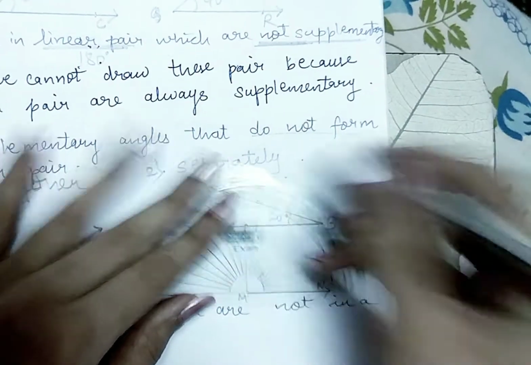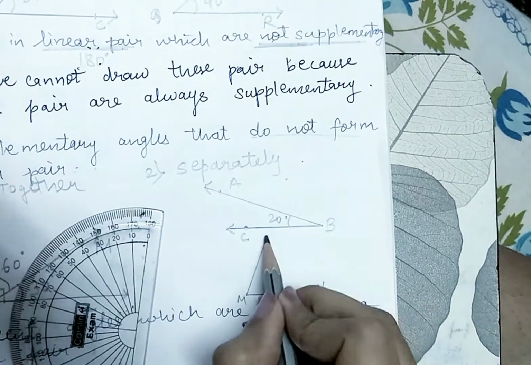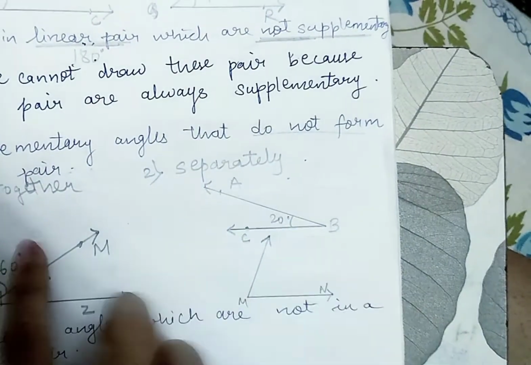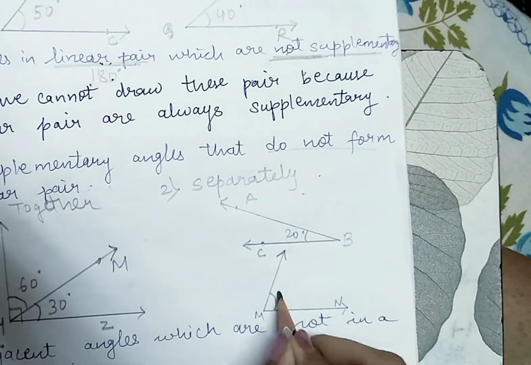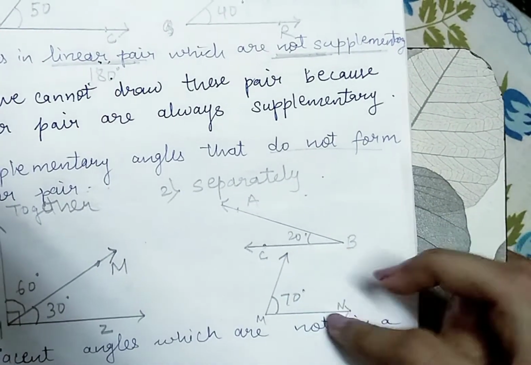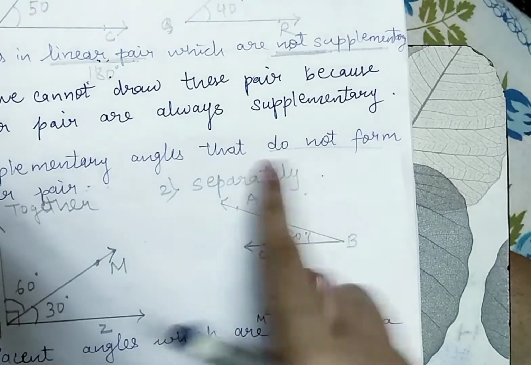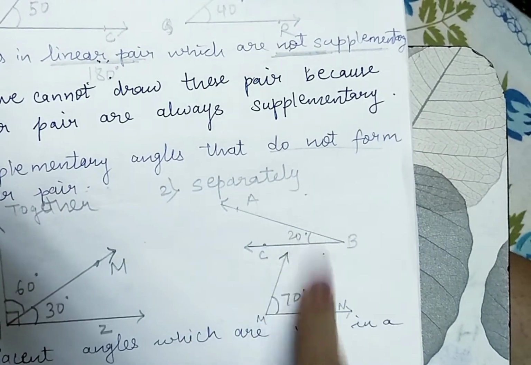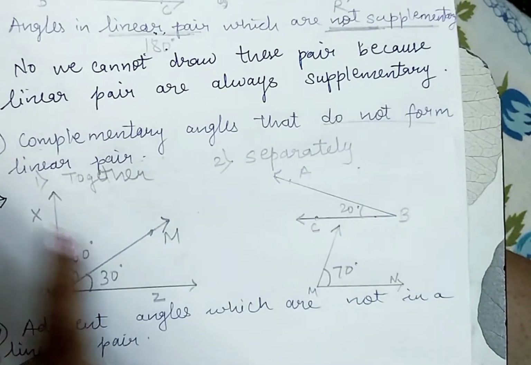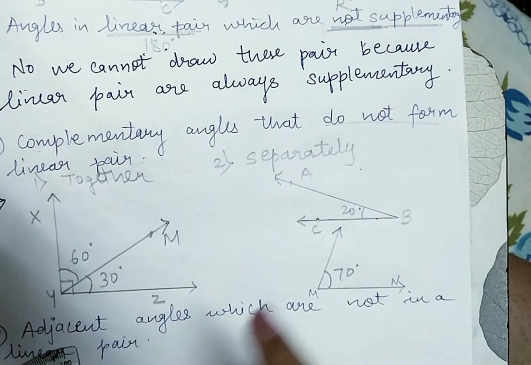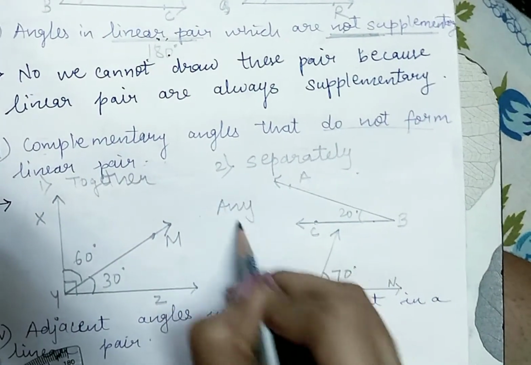Since I have no space, I am drawing a smaller angle. And again I am saying that out of these two you have to draw any one. This is 70. So again these two are complementary angles, complementary angles that do not form a linear pair. They are not forming a linear pair. Okay, so out of these two, any one we have to draw.